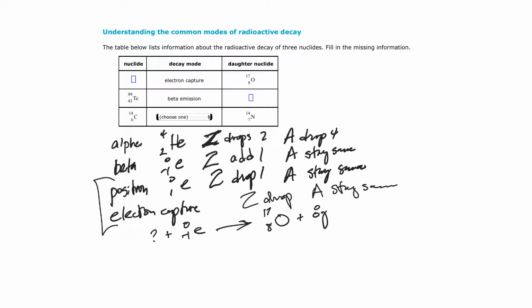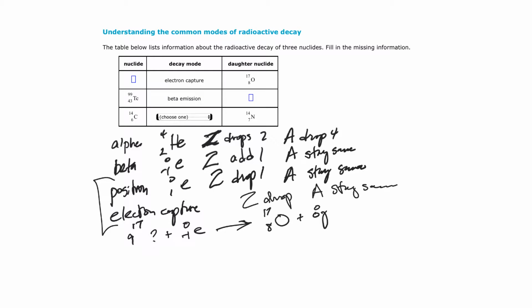So what do we got? We're staying the same at the top, so whatever this is going to be 17, because when you add 0 to 17, you get 17. So the top will be 17. What will the bottom be? I need something minus 1 equals 8. That means I need 9 minus 1 equals 8.